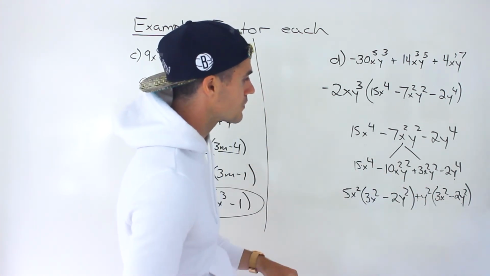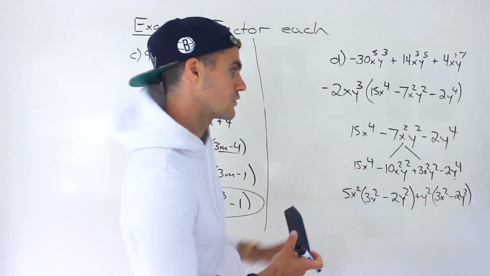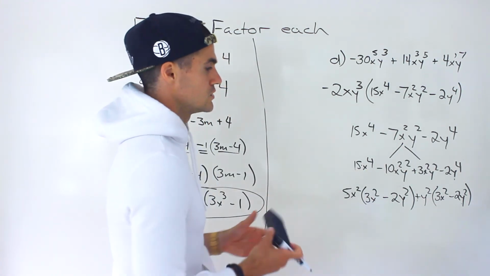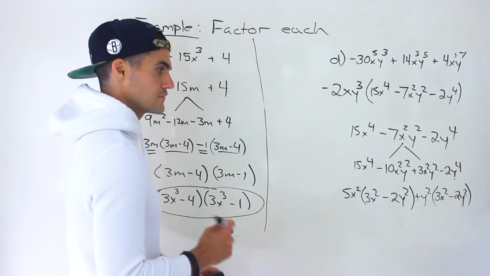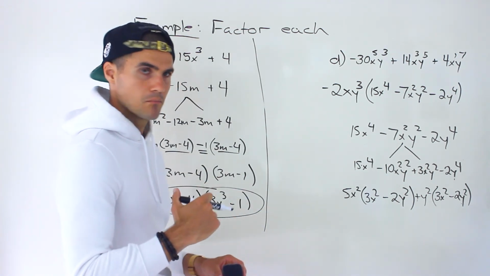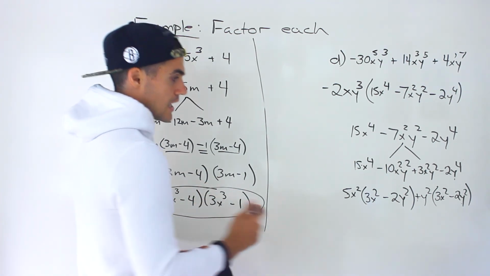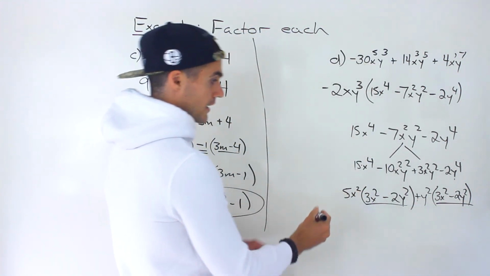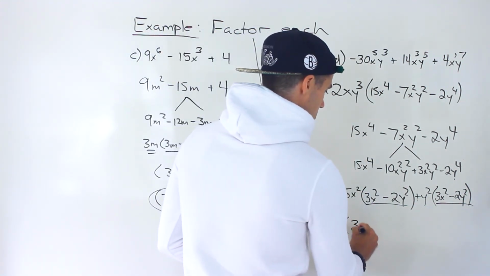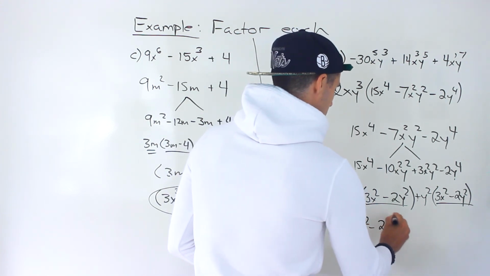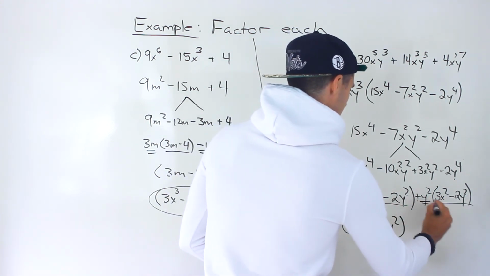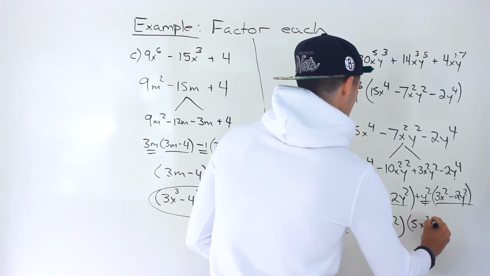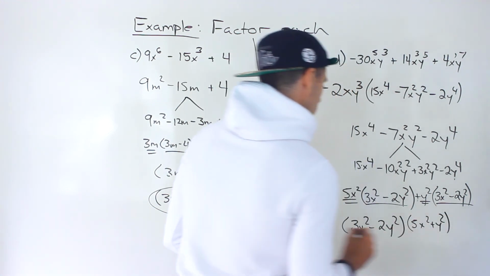I didn't do the side work for this one, but if you want to do the side work just to confirm this, feel free to do so. It's a good habit to have. Takes you a little bit longer, but minimizes mistakes. And as expected, a nice check, as usual, that we have is those two brackets should always be the same, which they are in this case. So we take out those two brackets, and we're left with 5x squared plus y squared, like that.